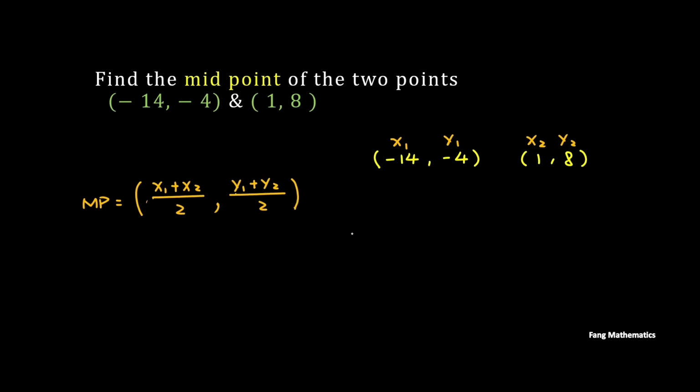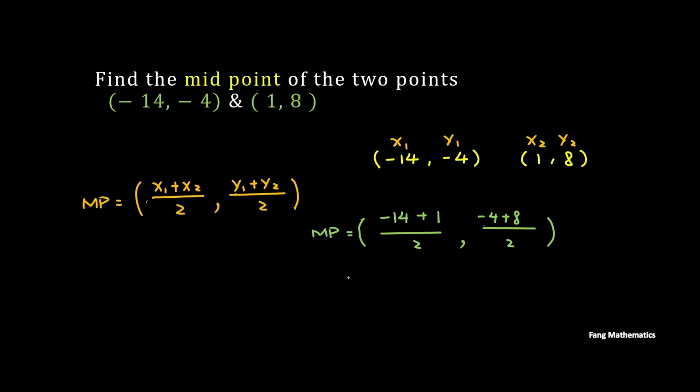Let's give yourself a try. x1 minus 14 plus x2, 1, and everything over 2, comma, you have y1 minus 4 plus y2, that is 8, everything over 2. In coordinate form, you have that's midpoint.